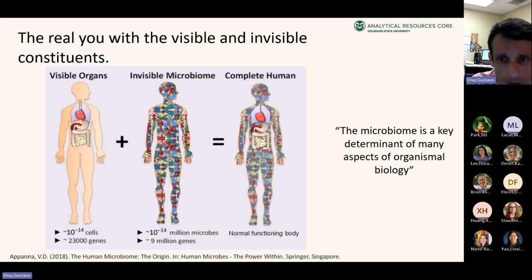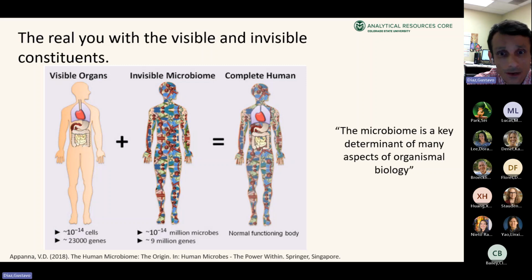And I just want to show some numbers to give you a ground perspective of the relevance of the microbiome. So here in the figure on the left side, you will see our body and the cells in our body, which are about 10 to the 14th in number. And we have, as you know, 23,000 genes.